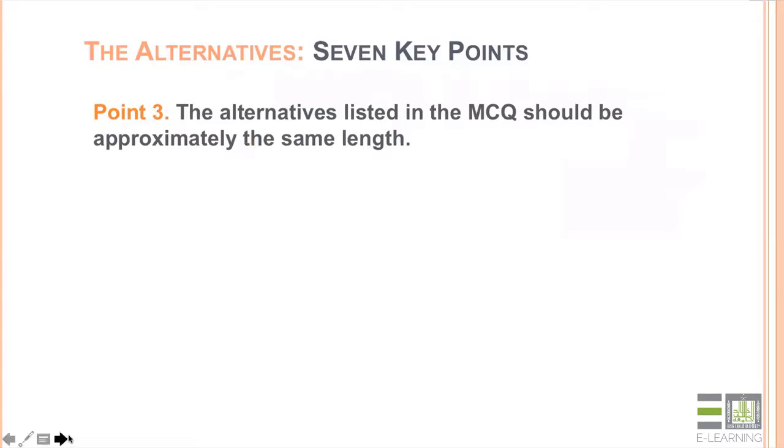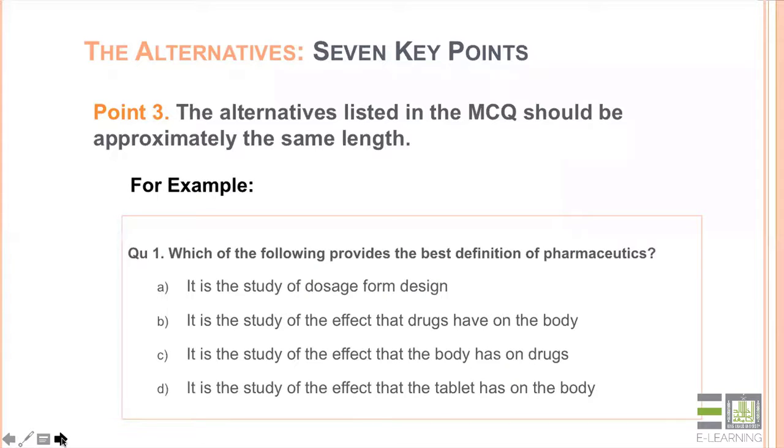So I have an example here, and as you can see, the list of alternatives are roughly the same length, apart from this one here. And if you read each of the alternatives, they are quite similar in content, so that the student, once they read the question and review the alternatives, would be able to determine, if they understand the topic, which answer from the list of alternatives is the correct one.